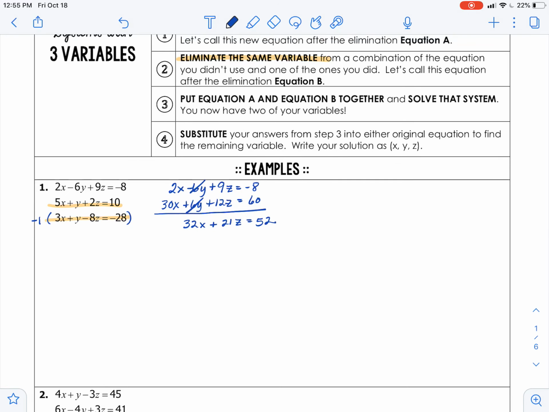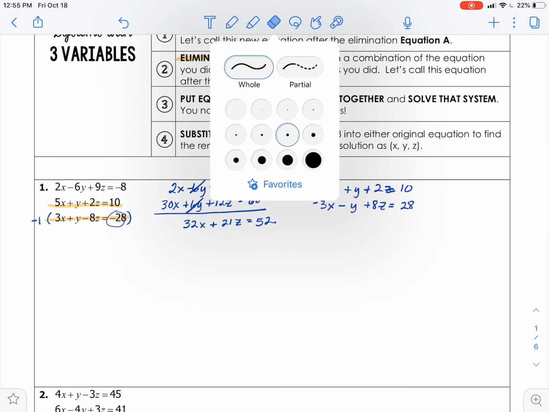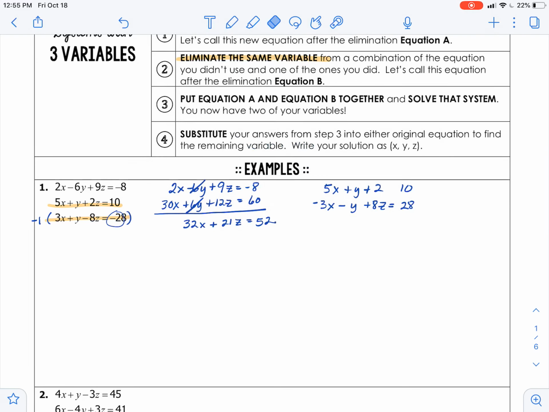My first equation, I'm not going to do anything with it, and the second one, I'm multiplying by a negative. Again, be very careful that you carry that all the way through. An error that kids usually make is with this last term, because they forget to multiply everything. I'm going to straighten up my equation here a little bit because that didn't look very good.